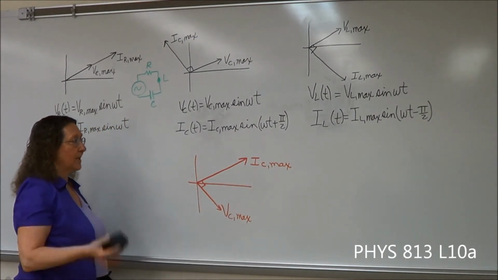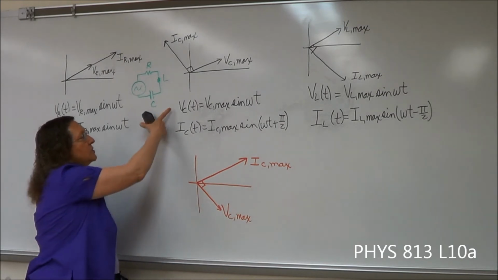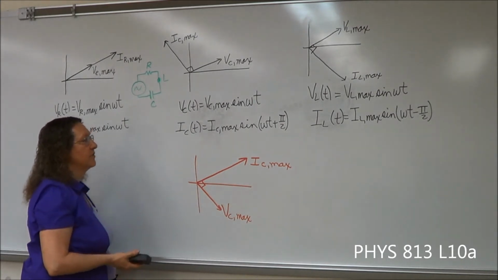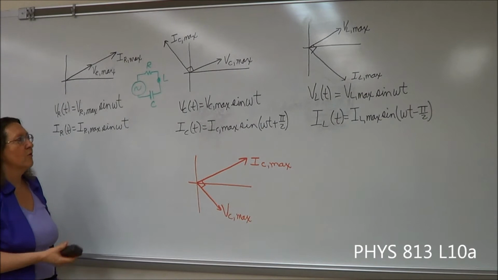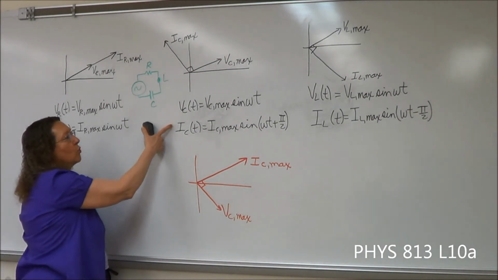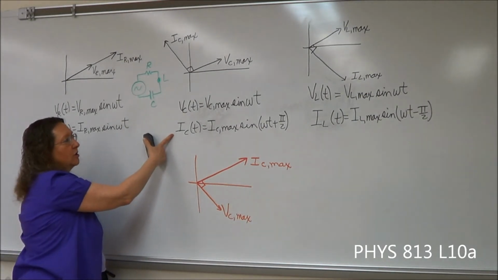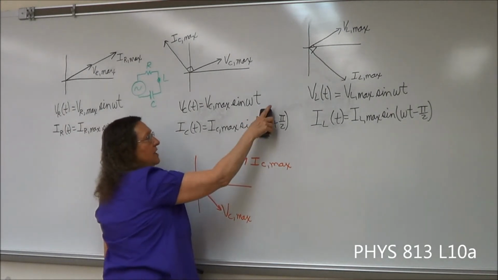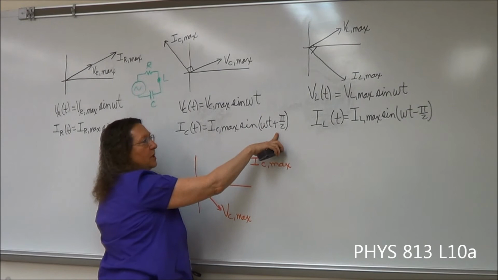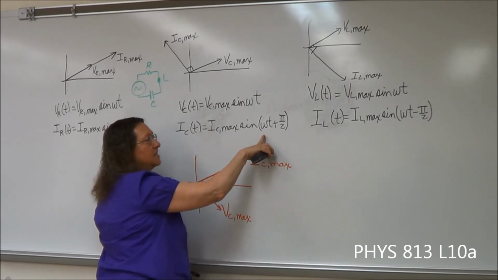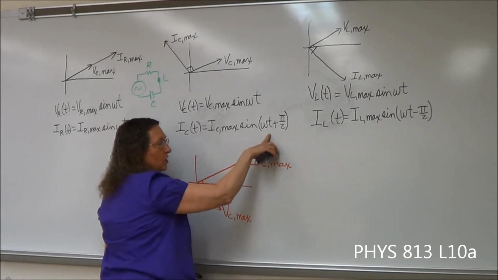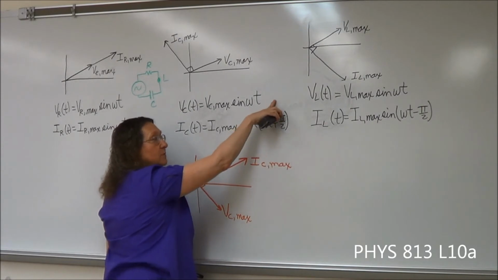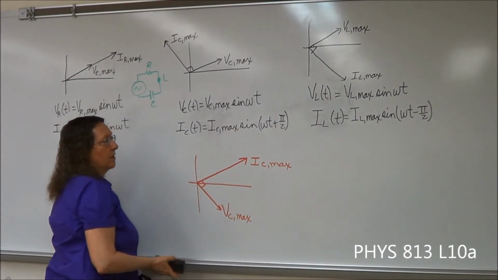But we can't just erase it. We have to do something. We have to modify the voltage equation so that it has the same relativeness to the current. So if you think about this, this one is plus 0, this is plus pi over 2. Let's subtract a pi over 2 here, and then we have to subtract a pi over 2 up there.